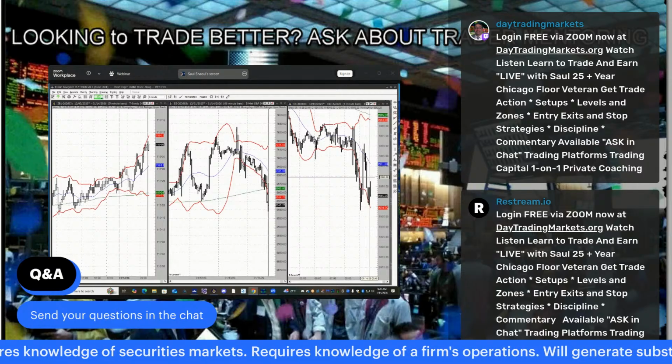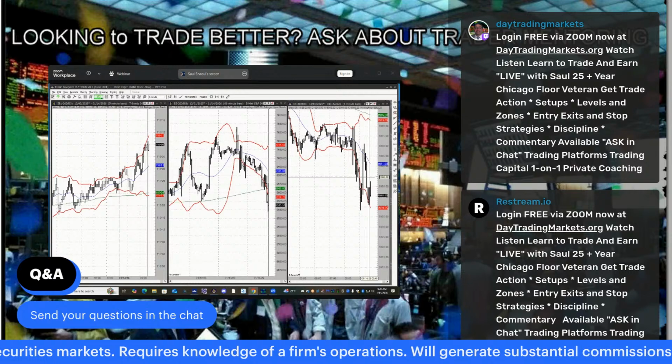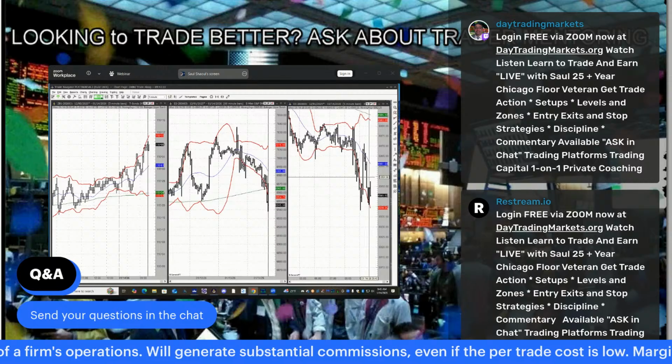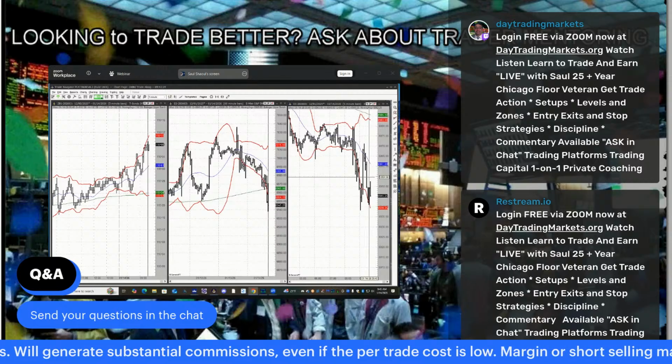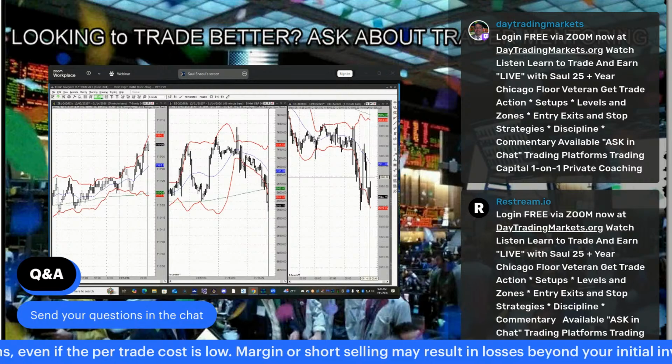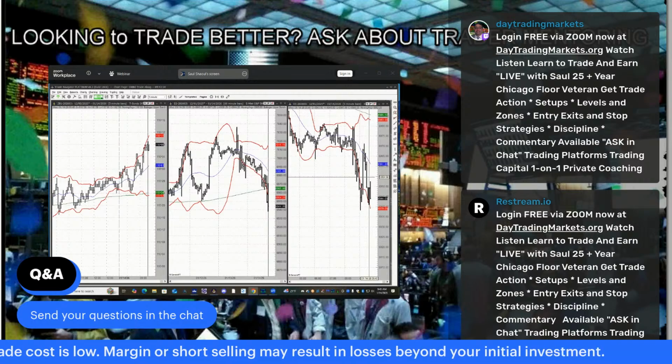All right, we are drifting slowly back down here. See where we want to go next. 35 is our next support level on the downside that we're going to be focused on.